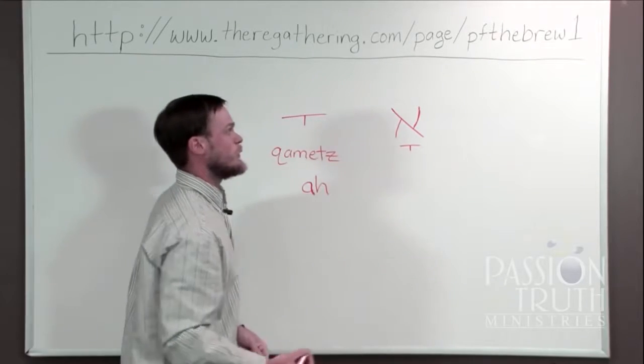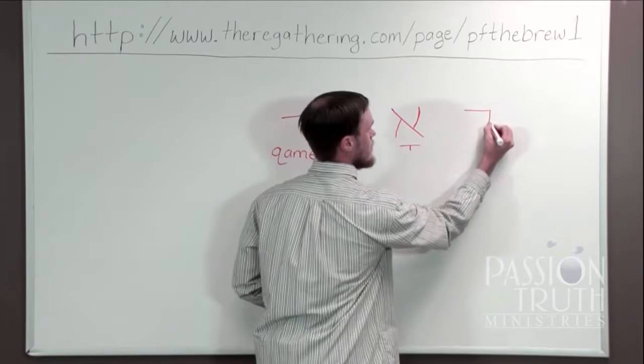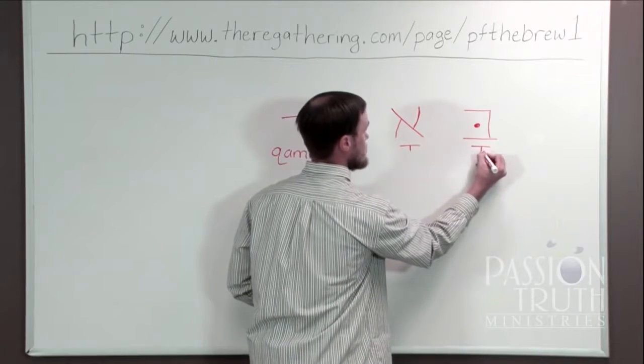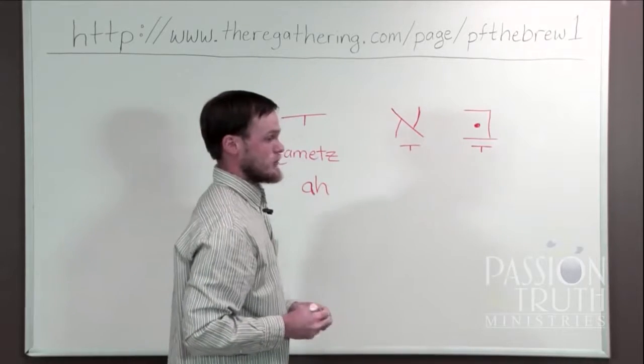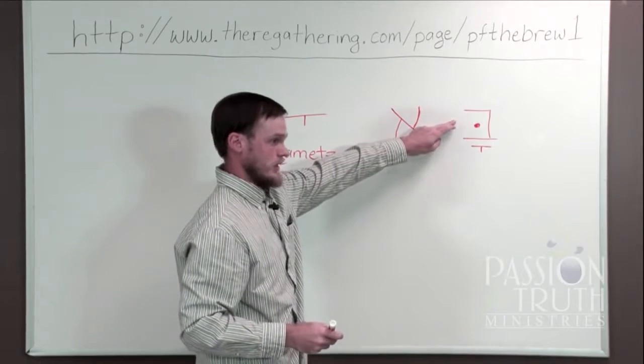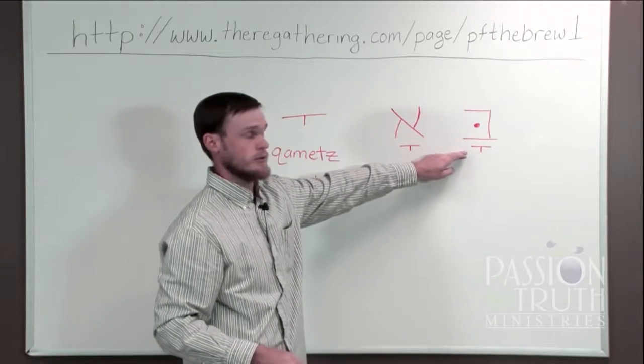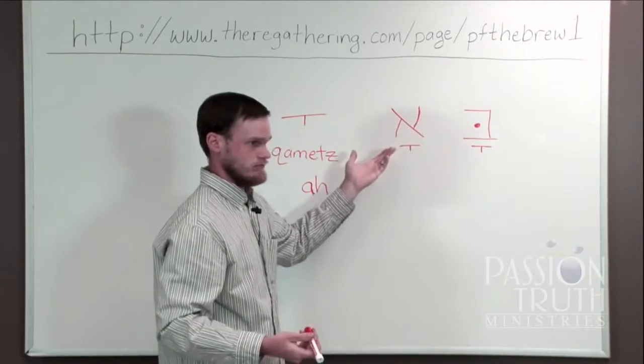If we encountered a beit with a dagesh and a kametz underneath it, we would pronounce the beit first, B, ba, and then the ah of the kametz, so ba.